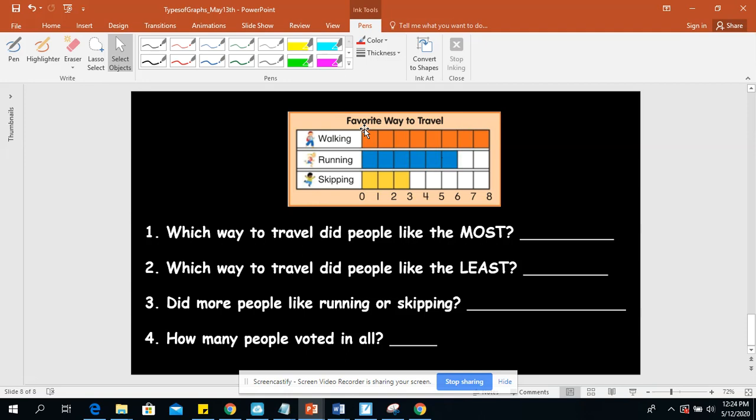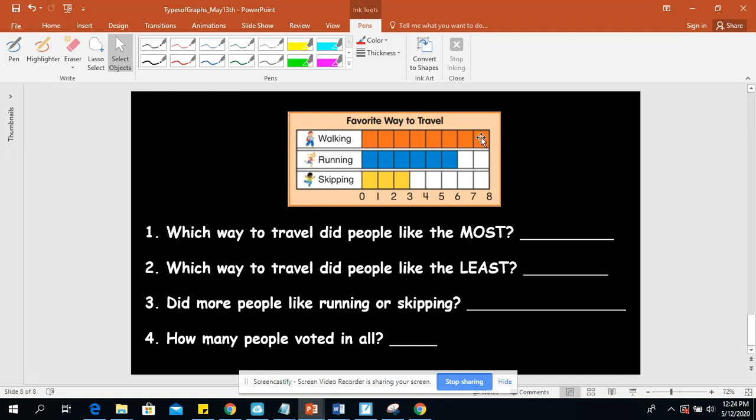So the title of this bar graph is Favorite Way to Travel. So this bar graph gives us information about people's favorite way to travel. The options are walking, running, or skipping. To find out how many people chose walking, I have to look at the bar next to walking.